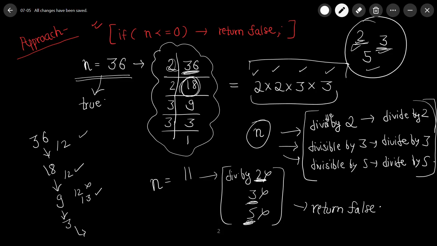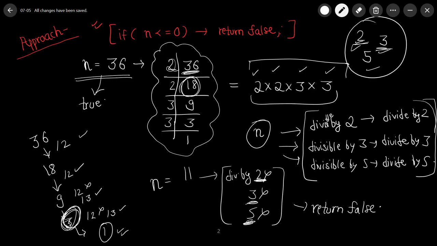Again, for 3 also, we check whether it's divisible by 2. It's not, so we don't take it. Then we check for 3 and we see that yes, our n is divisible by 3. So we divide it by 3 and we get 1. And as soon as we get 1, we would stop here.